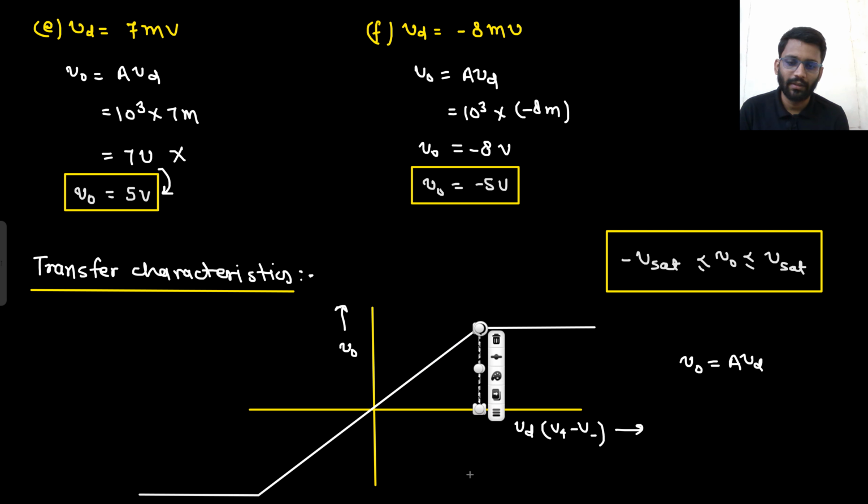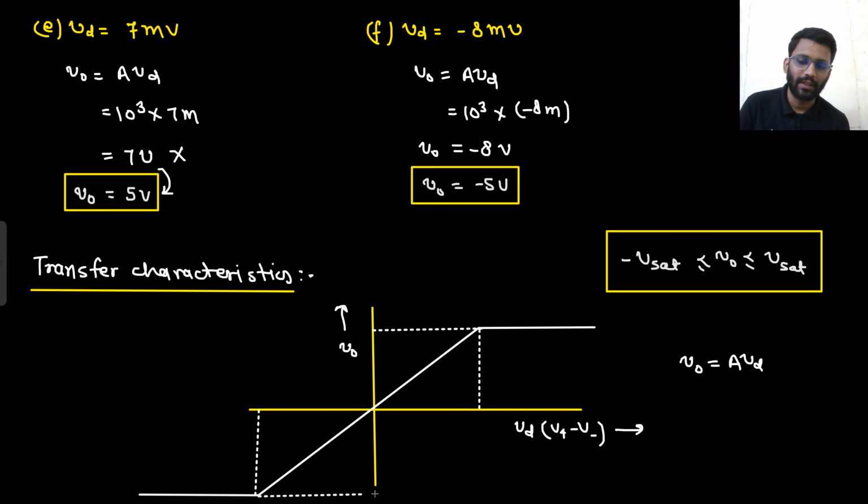There will be some point after that it will saturate. Output cannot keep on increasing. At some point, it saturates. So it will saturate at plus V sat, and this will saturate at minus V sat.